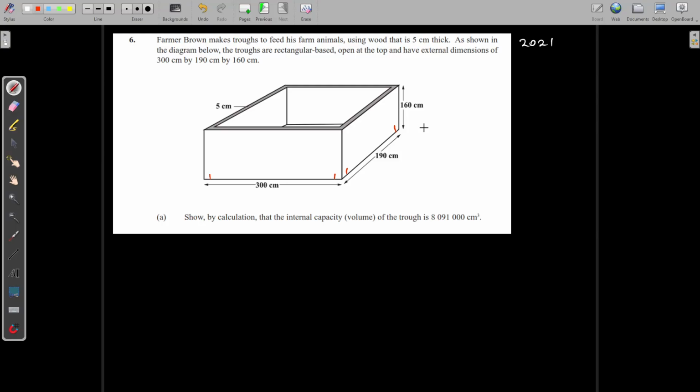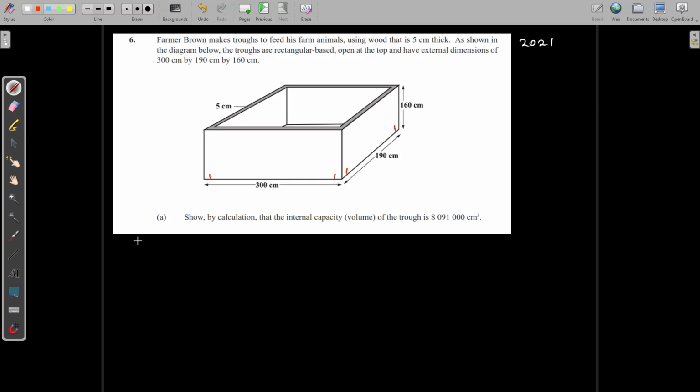And 300, we take out the 5, we take out the 5. So the 160 around the back there, 5 and 5 would have to come out of it as well. Well, that's the height. So the height wouldn't be affected.